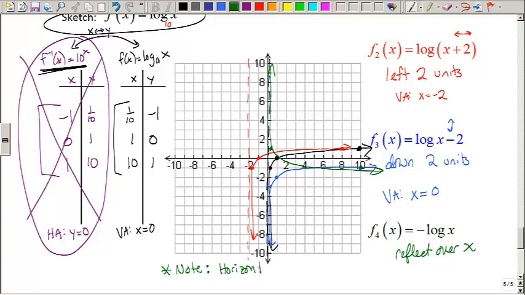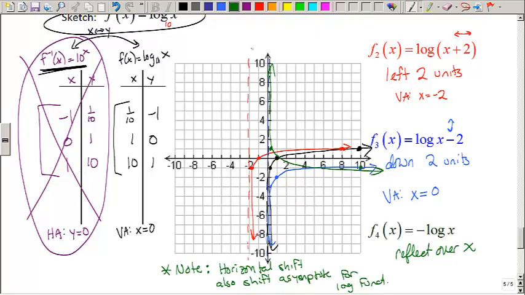Horizontal shifts also shift your asymptote for logarithmic functions. If you look back in your notes, when we were graphing exponential functions, the asymptote was only changed for vertical shifts, whereas for log functions, the asymptote is only shifted for horizontal shifts.